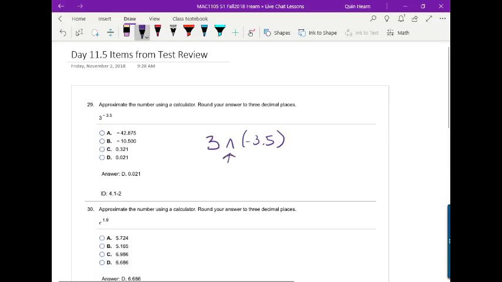In other calculators, instead of a caret symbol or an upward arrow, it looks like y to the x or x to the y or a to the b. But you need to be able to calculate something like this. So test yourself, make sure that on your calculator you can get 0.021.